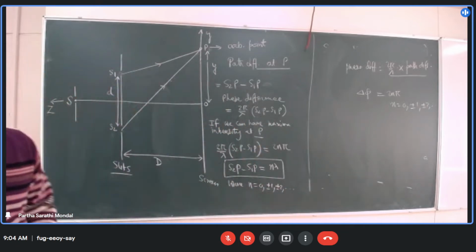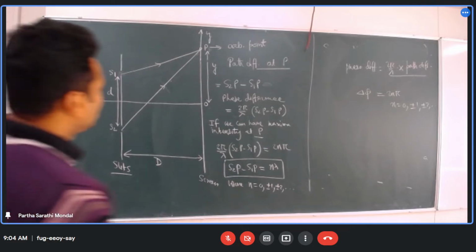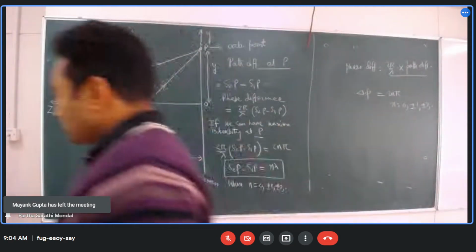Now we have to find the relation between y and the path difference.